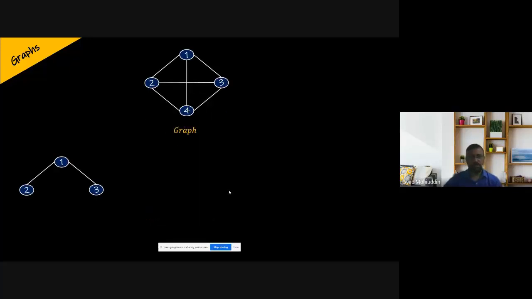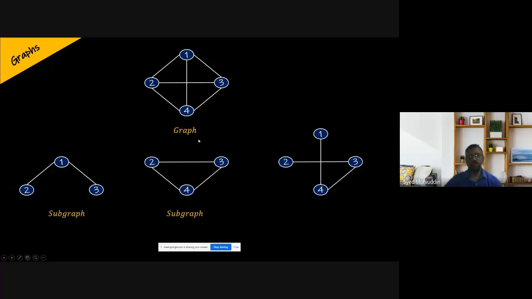Then there's a topic known as subgraphs. Now this is a graph, the top one is a graph. These are its subgraphs. So how will we define a subgraph? A subgraph will have vertices as a subset of the original graph. For example, 1, 2, 3 is there.